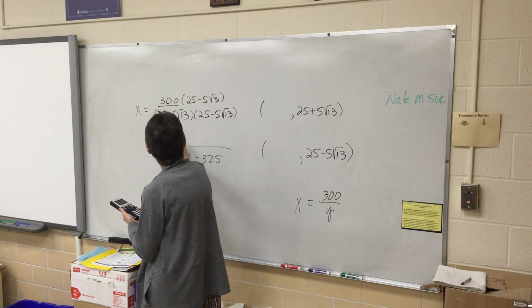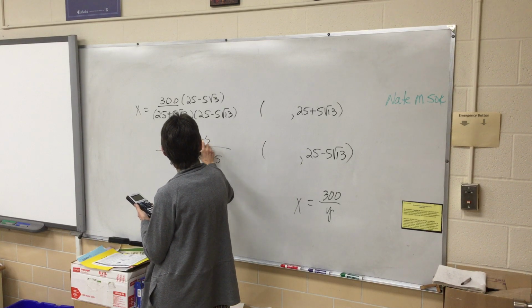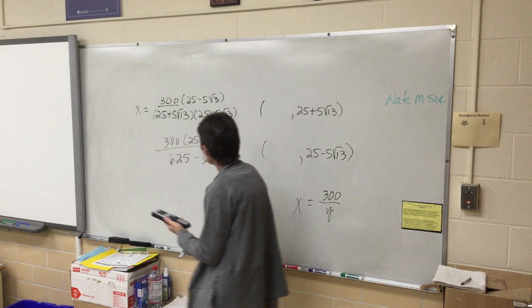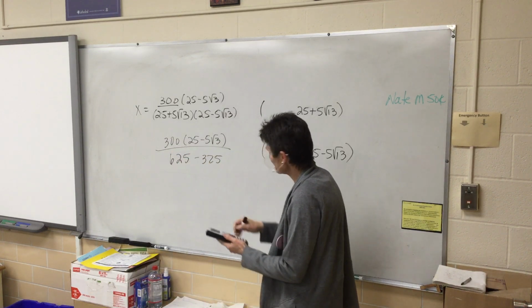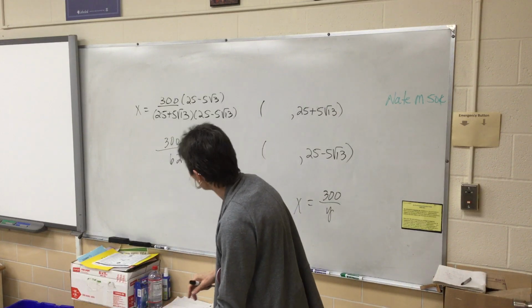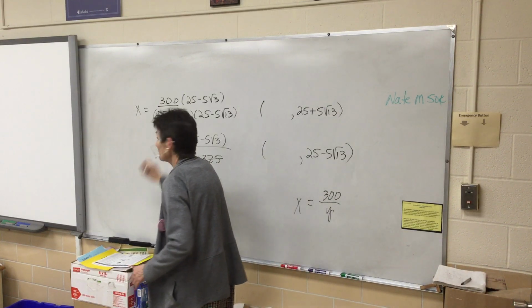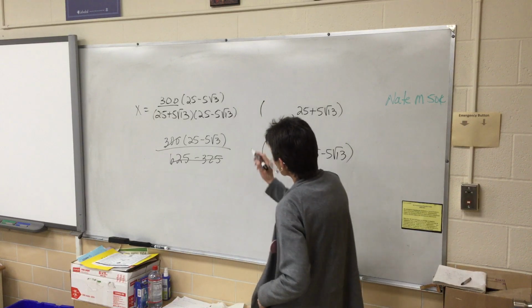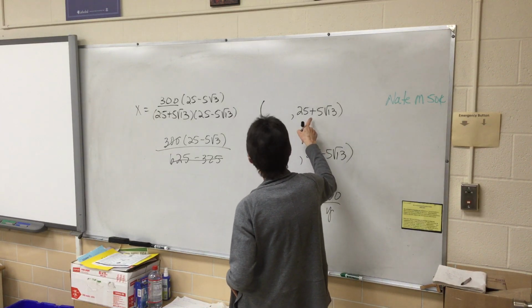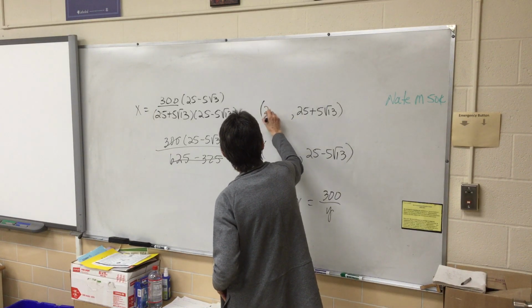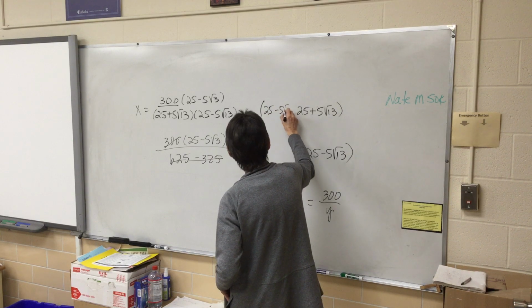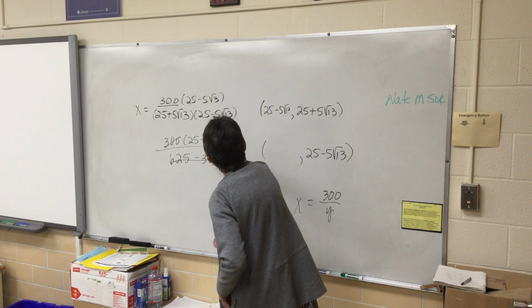So, oh, wait, we're almost done. Hang on. What's 625 minus 325? And that's going to cancel with that. So my x value for this one is 25 minus 5 root 13.